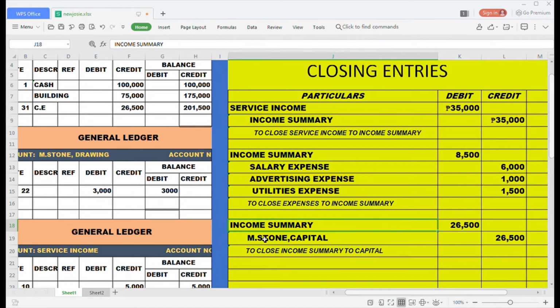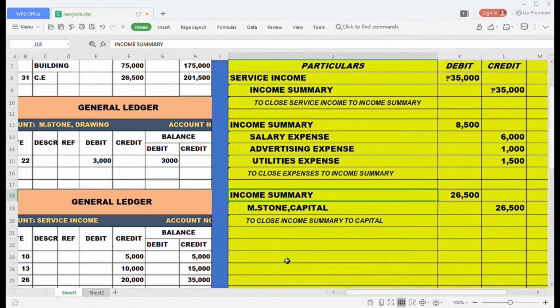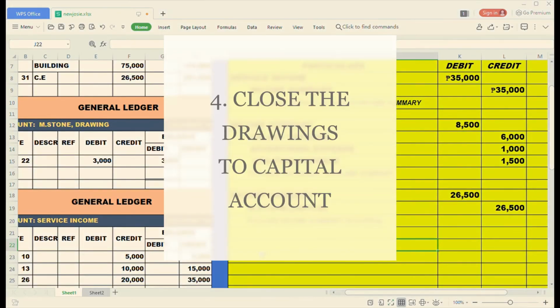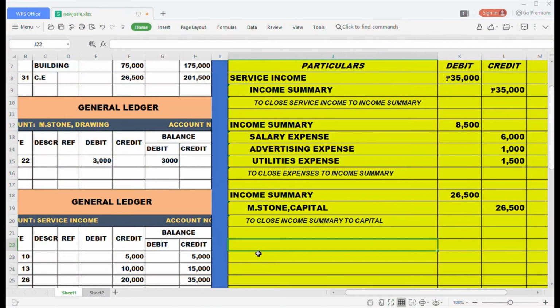capital account. Now, we are going to close the drawing. How do we close the drawing? We are going to debit capital. And because drawing has a debit normal balance, now let's put the drawing in the credit balance.